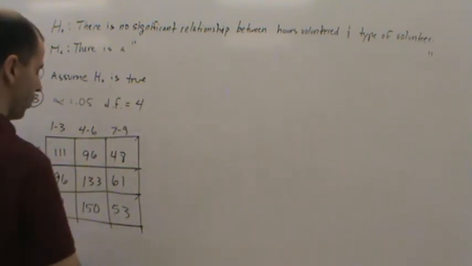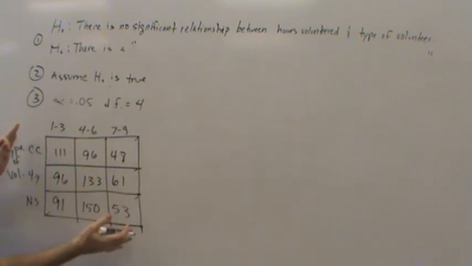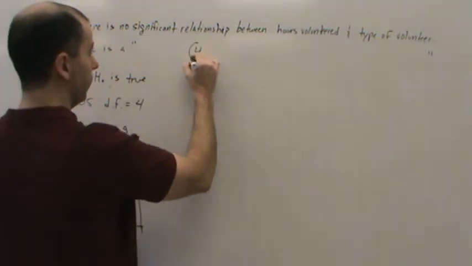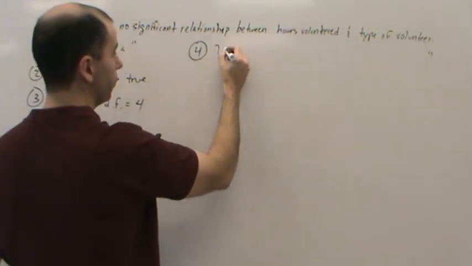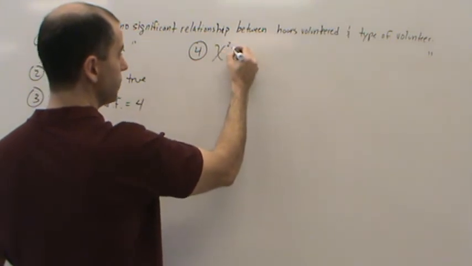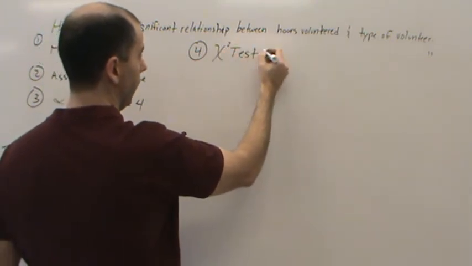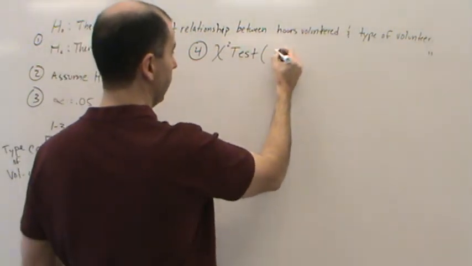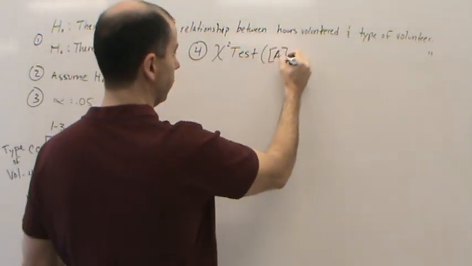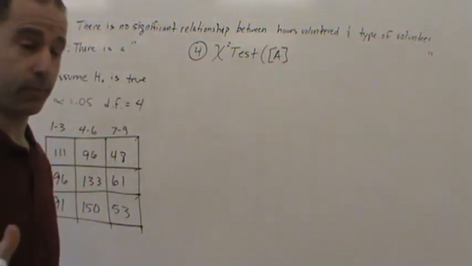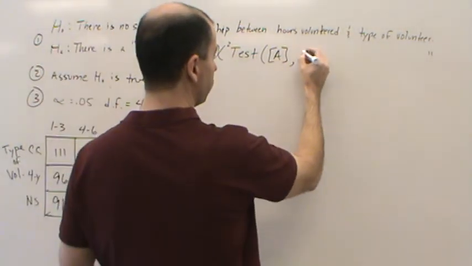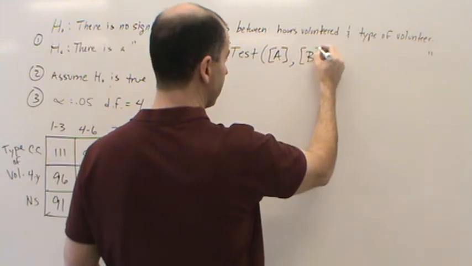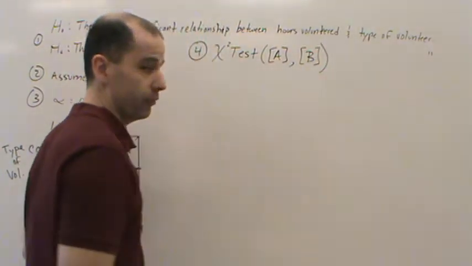But if you go to step 4 now, with the calculator, we're going to use chi-squared test. And the only thing you need to put into your calculator is 2 things: your A matrix, which is going to have all of your observed values, and the B matrix, which is going to have all of your expected values.